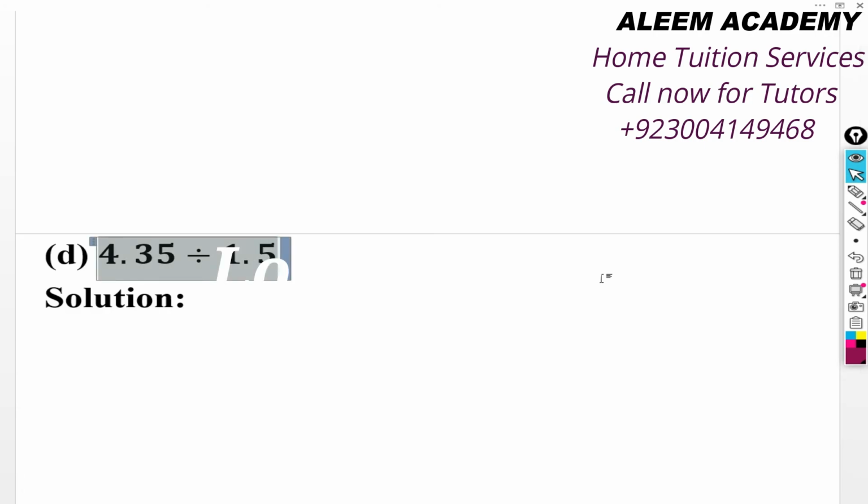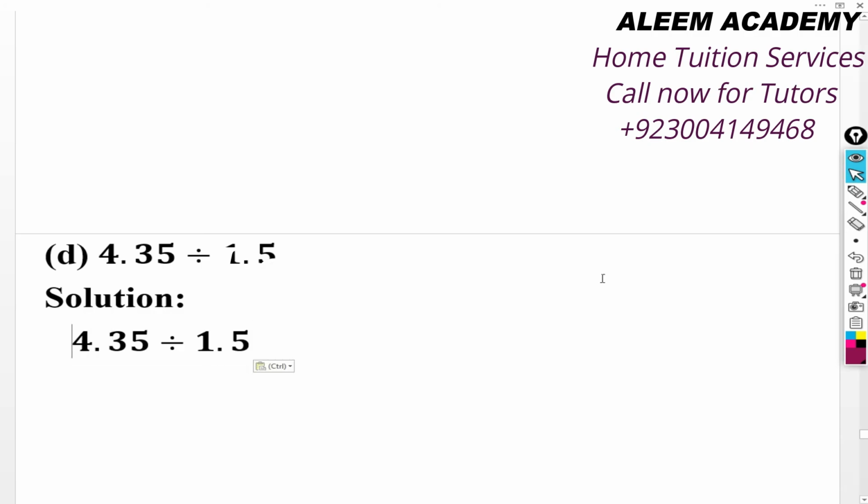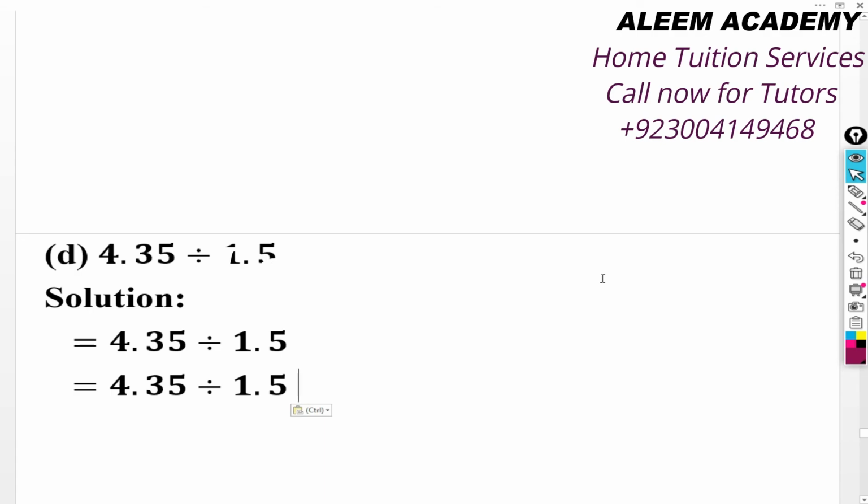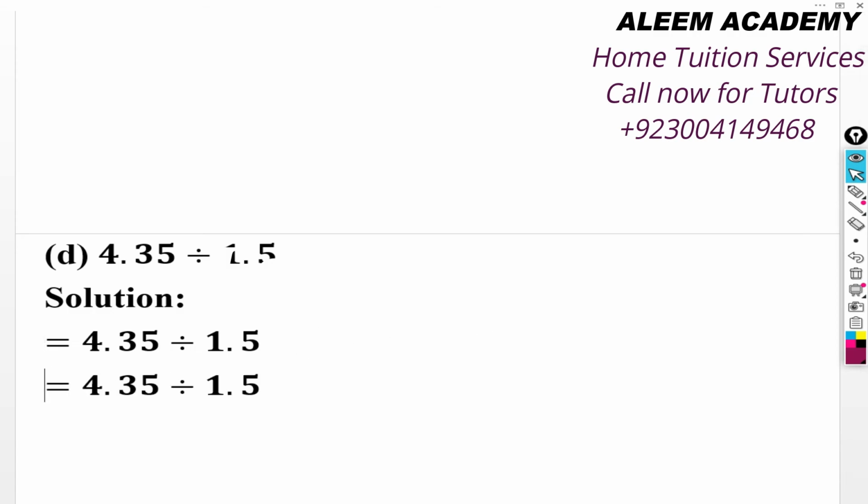4.35 divided by 1.5. Okay, so first of all you have to write these numbers in the fraction form. 4.35 divided by 1.5.